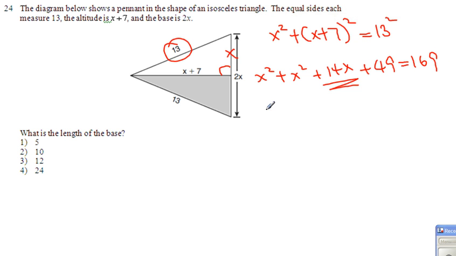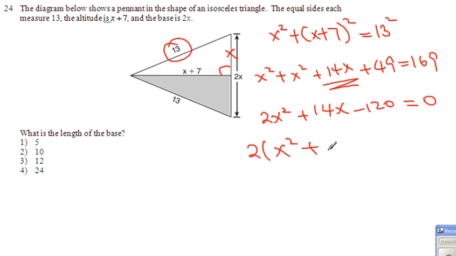By subtracting 169, we get 2x squared plus 14x minus 120 is equal to 0. Now here, since 2 is common in all of them, we can divide by 2, or we can factor out 2. So here we have x squared plus 7x minus 60 is equal to 0.